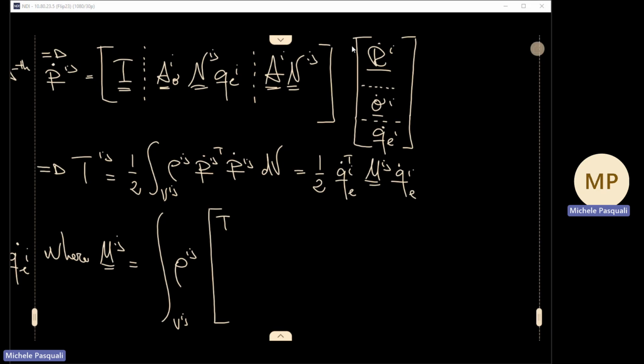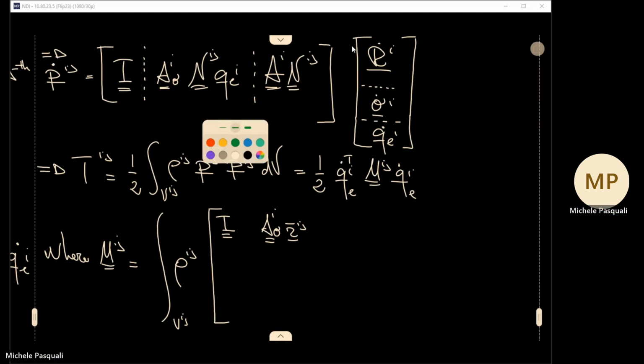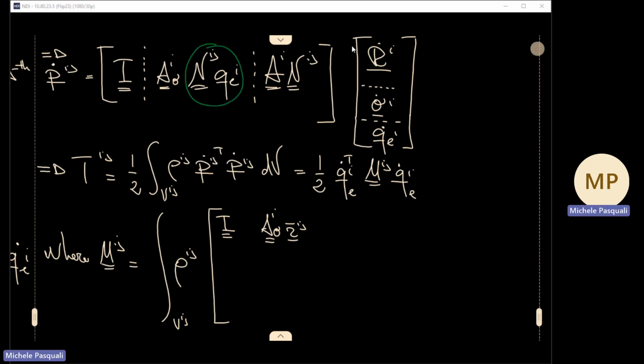So we have the identity matrix here. Then we have A theta I. If you want, you can write it as R I J, because basically this one is R I J. So we can write it like this.